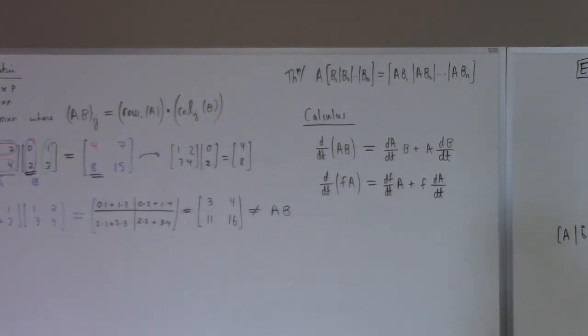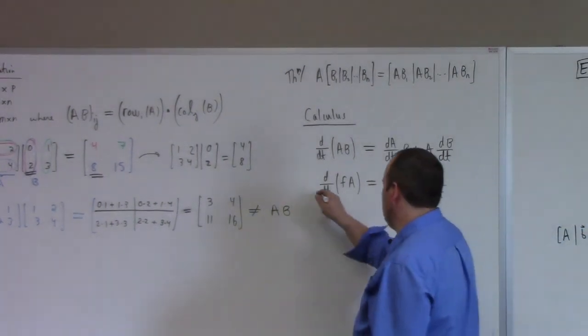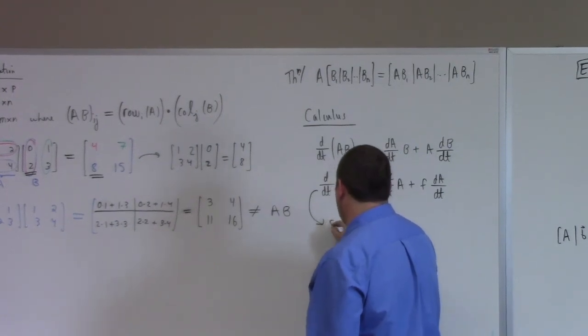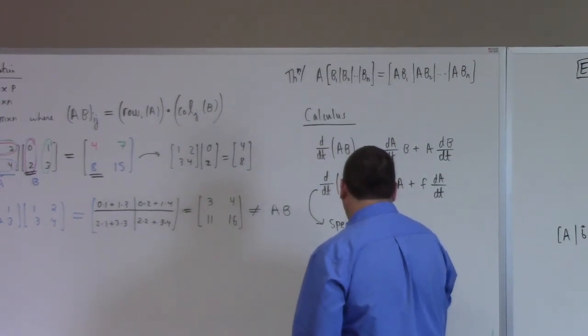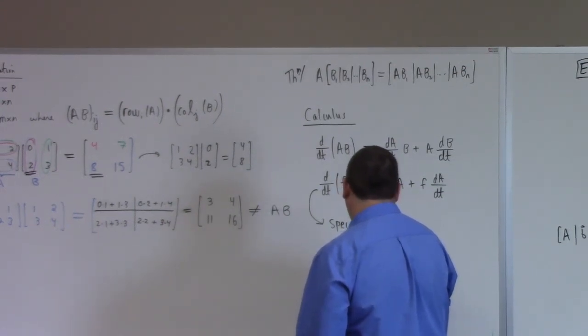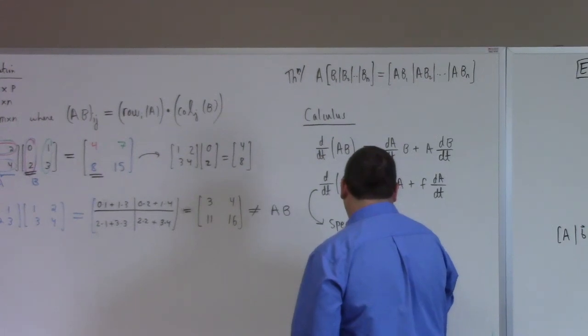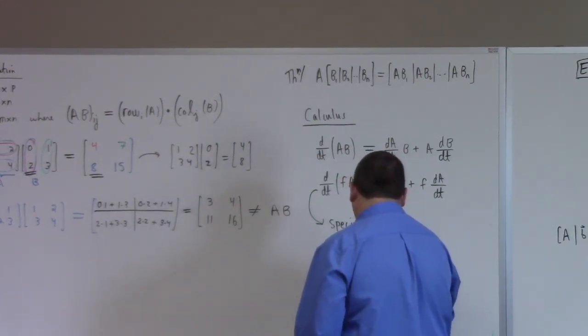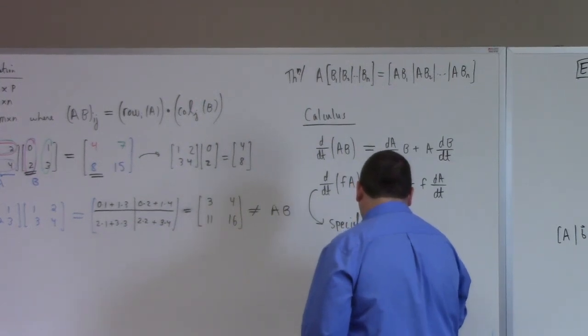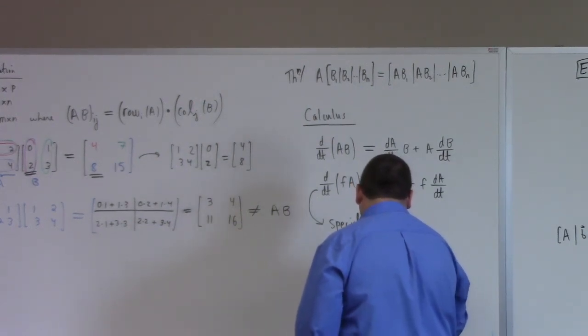The last thing is also true for a vector. In a particular special case, if we have the derivative with respect to time of a function times a constant vector v, a constant vector would have dv/dt equal to 0, all right?